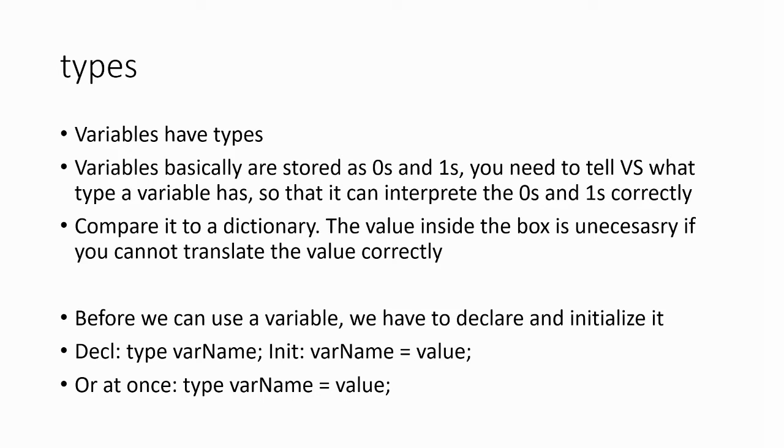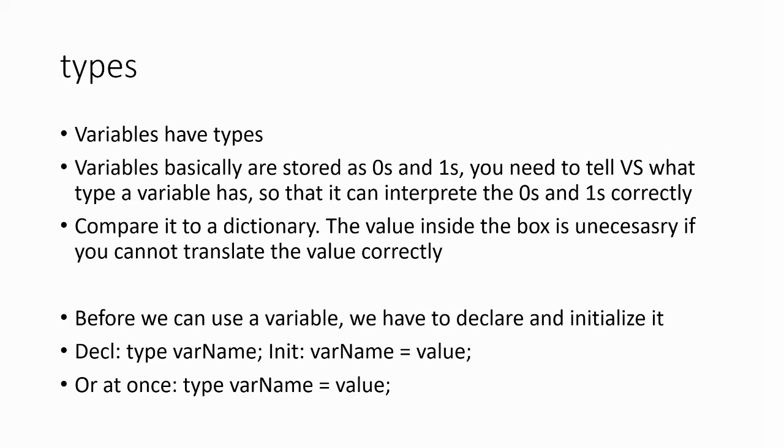You can compare it to a dictionary, okay? The value inside the box is totally unnecessary if you cannot decipher what's stored inside. Just excuse my small spelling mistake here, I won't correct it because it takes some time. Just overlook it, please.